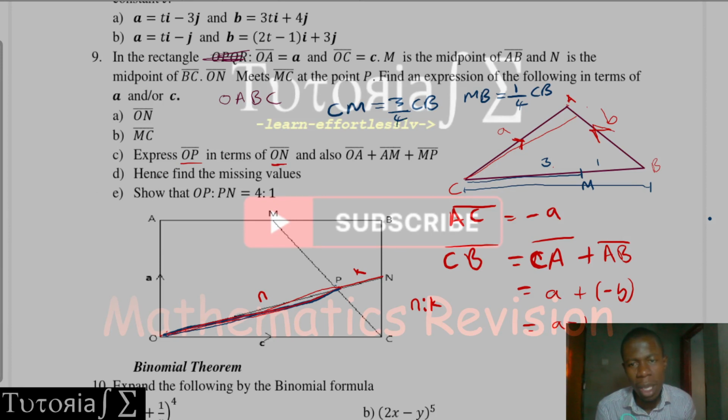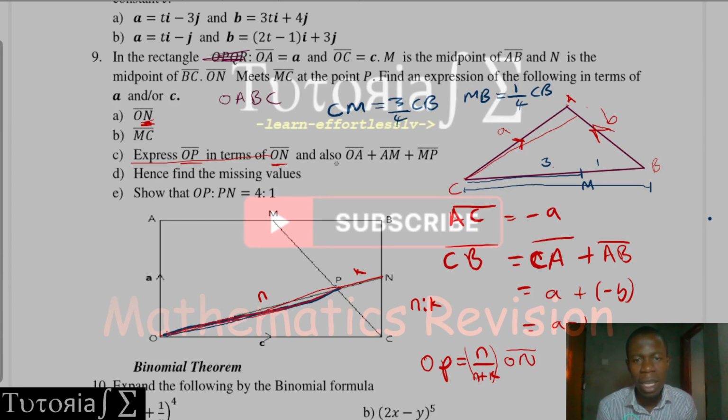So OP is basically equal to N over N plus K times ON. So ON will be found here. So you use the ON that you find here, then you basically simplify that. So that will be the solution for here.